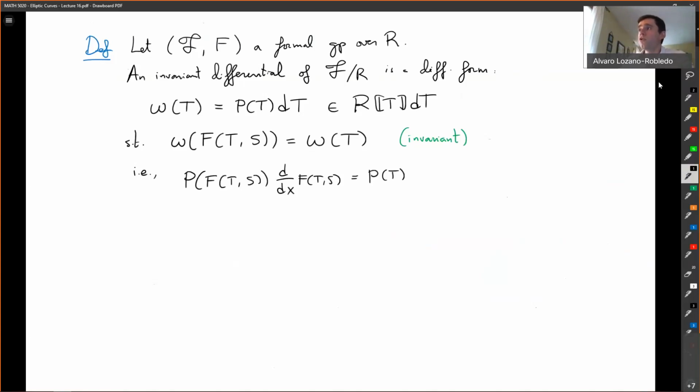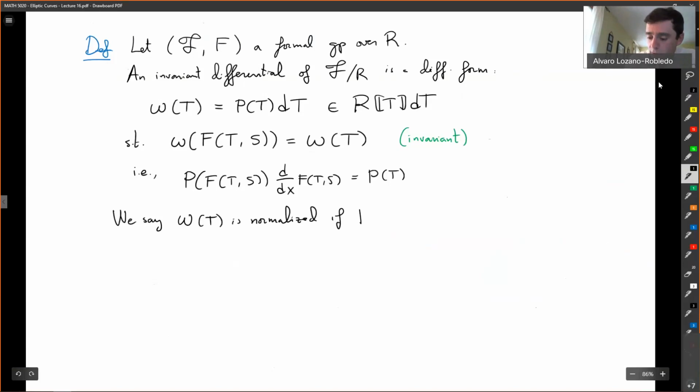All right. And we say that the differential is normalized if P(0) is 1.